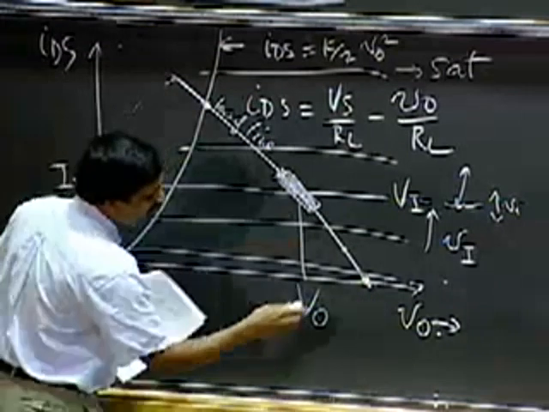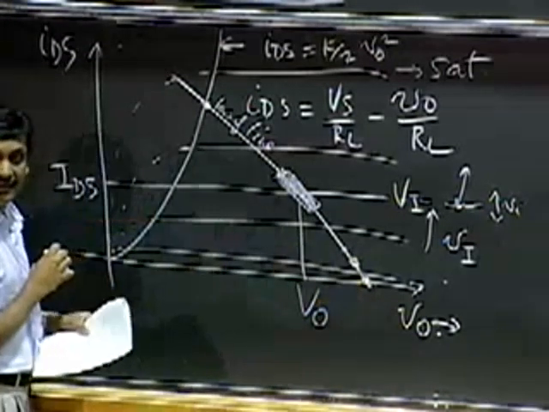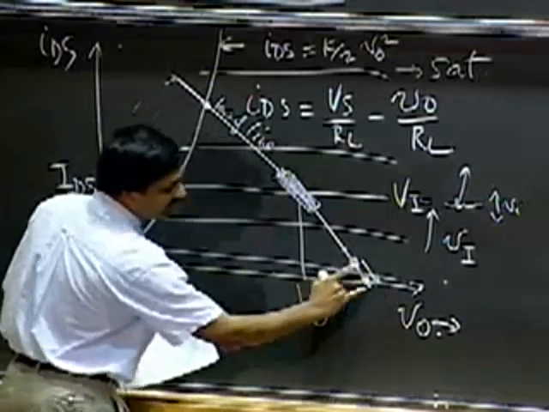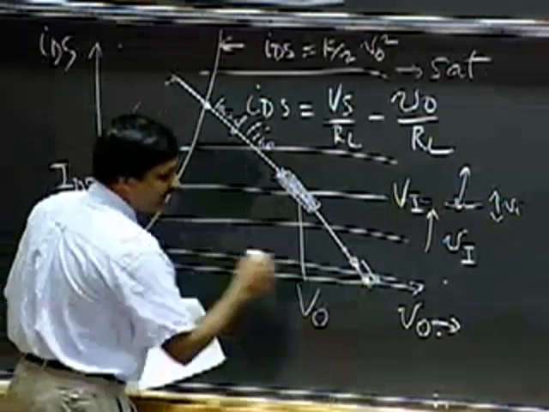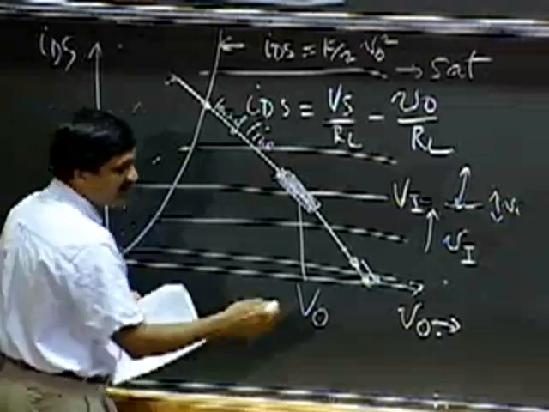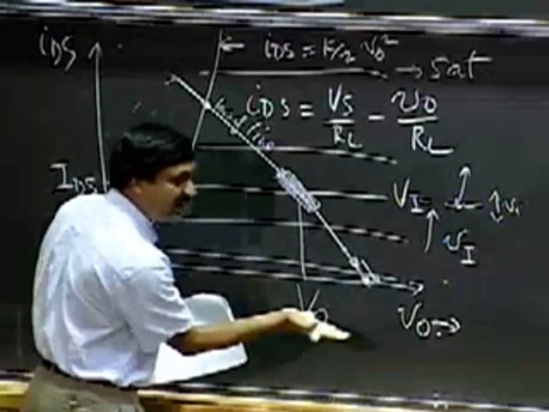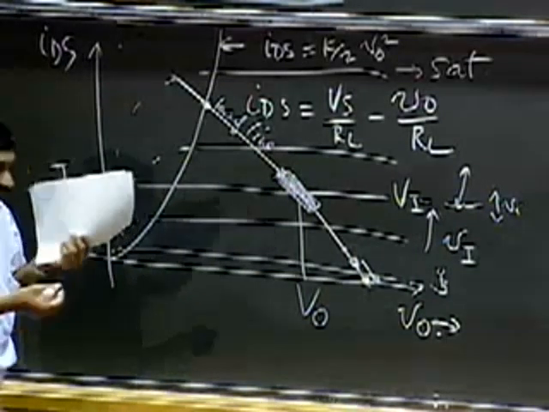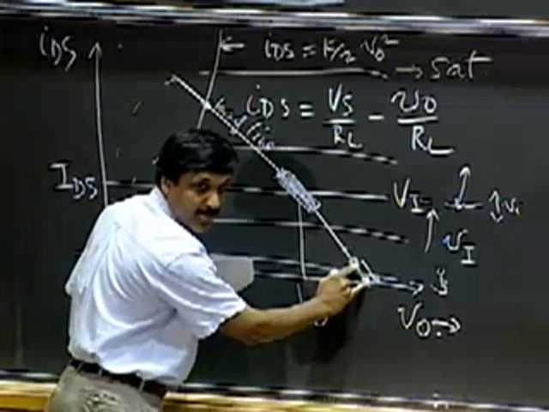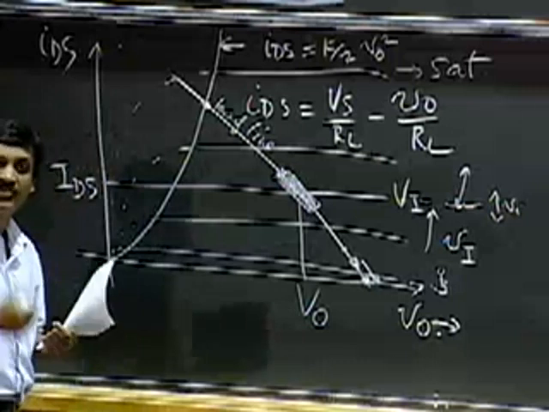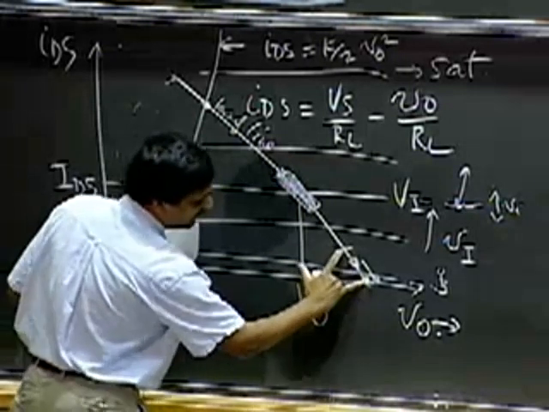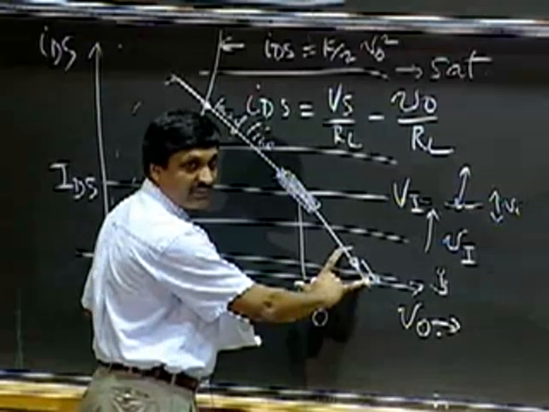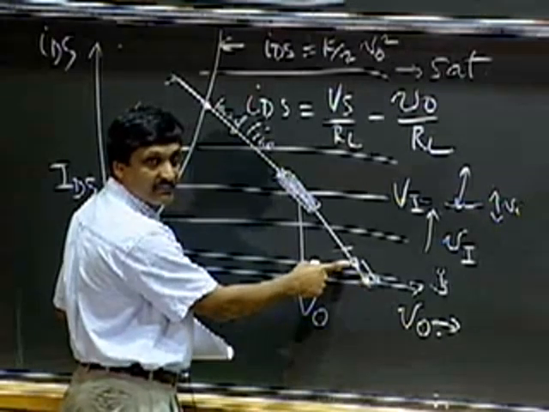On the other hand, if I choose my operating point to be here, for negative excursions of the input signal, I have a very small amount before I hit cutoff. So for negative traversals of VI about the operating point, I very quickly hit cutoff. If I want symmetric swings, then this is the best that I can do in terms of the valid input operating range, given that this is my bias point.